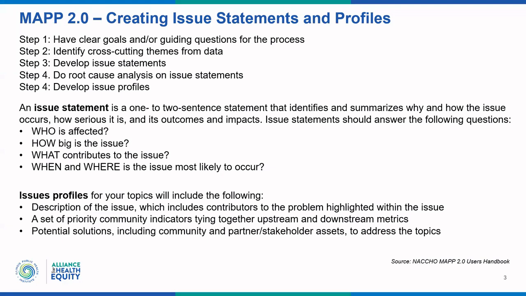So you'll look at the secondary public health data, you'll look at the survey results, you'll look at the focus group results, and you'll identify cross-cutting themes from the data. This is similar to what you'll find throughout our report and finally in the executive summary, where we highlight what the top issues that came out of the community input were.